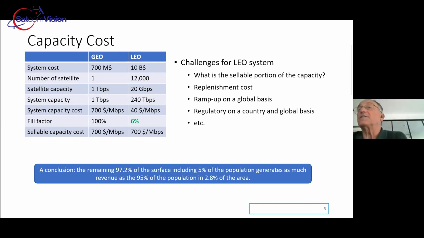Again, this is highlighting some GEO issues. What is the sellable portion of the capacity? Issues with replenishment costs, ramp up on a global business. If you are trying to open a market on a global basis, that's going to take time. And also the regulatory issues to be operational in all the countries you want to be in.